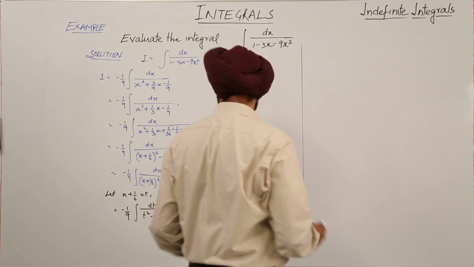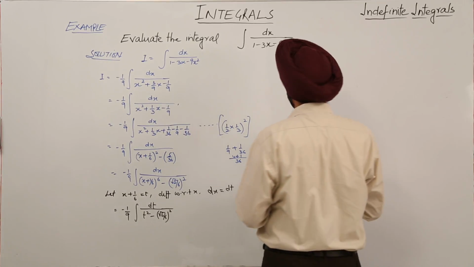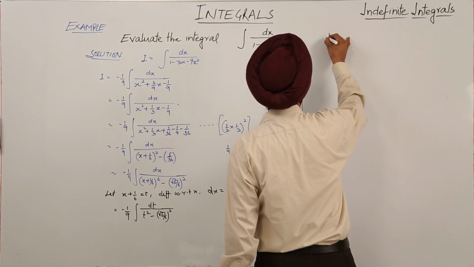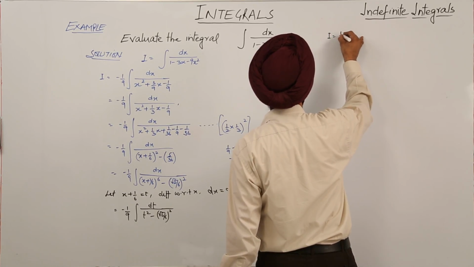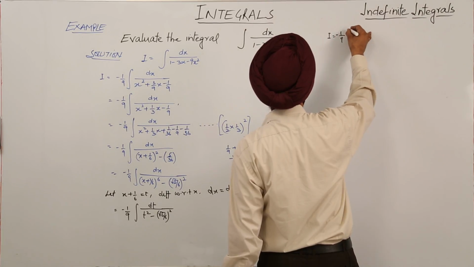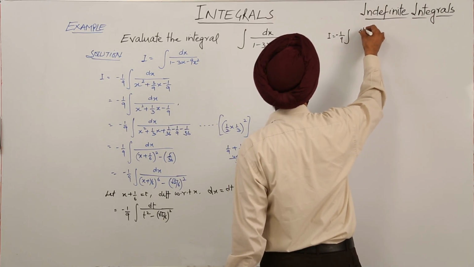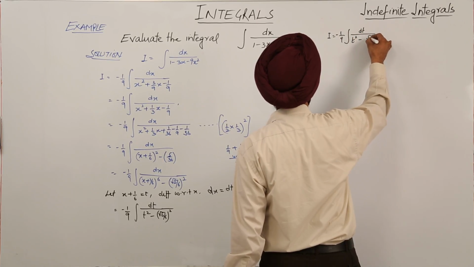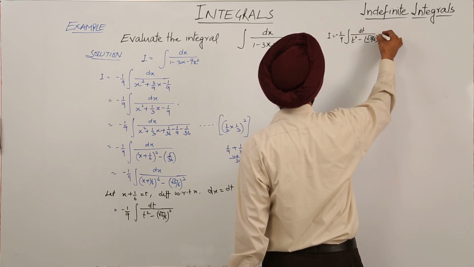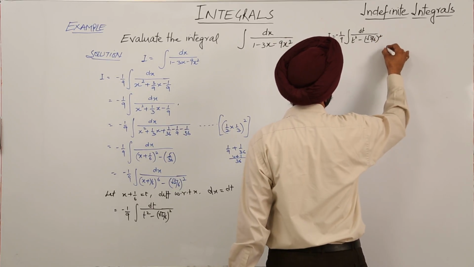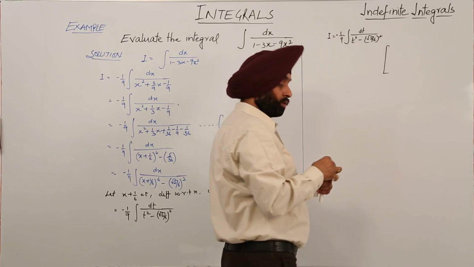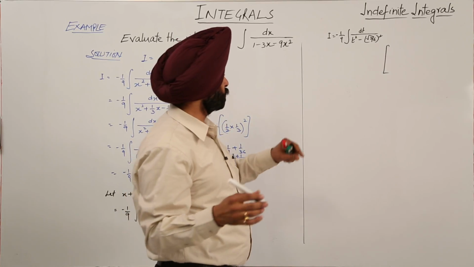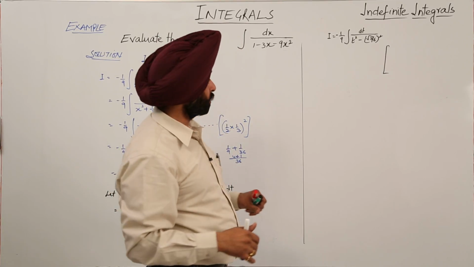Now the formula we are going to use: the question is minus 1 upon 9 integration of dt upon t square minus root 5 upon 6 whole square. Always write the formula, because there will be two good things when you write a formula.